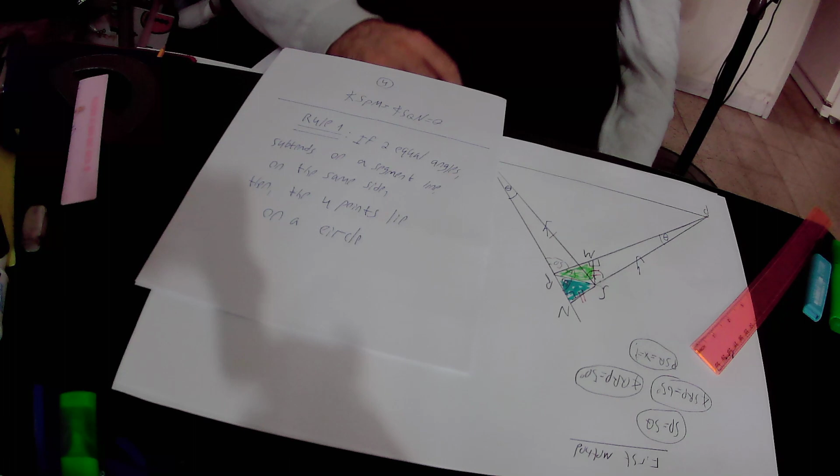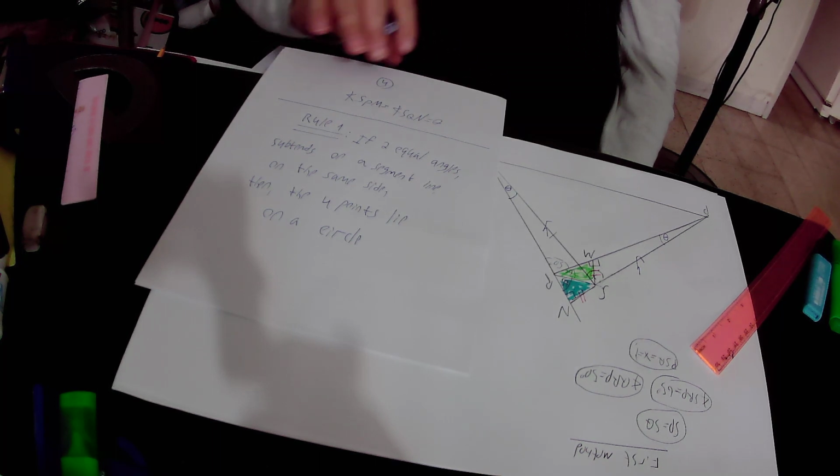So I will read rule number 1 again. Rule number 1 states that if two equal angles subtend on a segment line from the same side, then the 4 points lie on a circle.